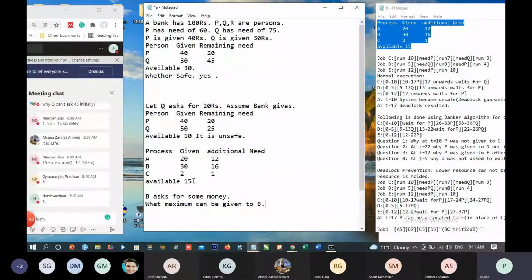Wrong, Nilanjan. Nilanjan is wrong. Maximum 3 can be given is wrong. More than 3 can be given. No, more than 3 can be given.